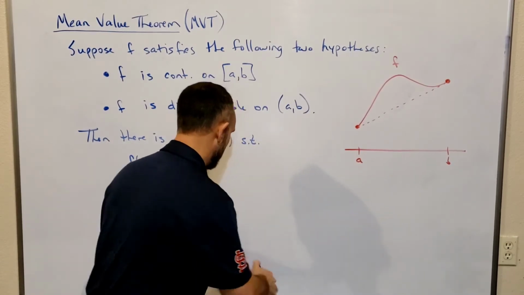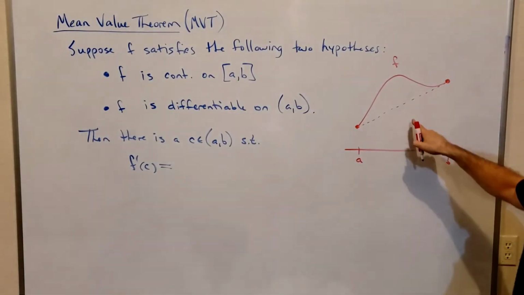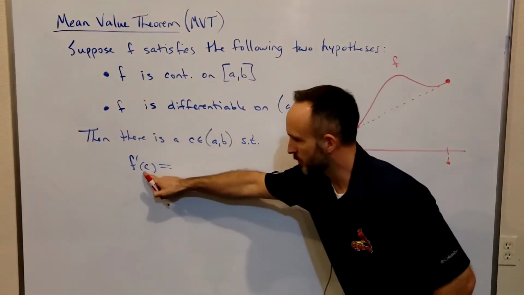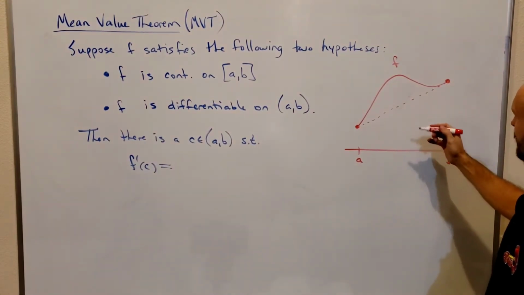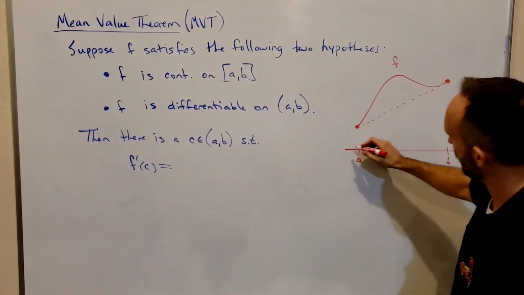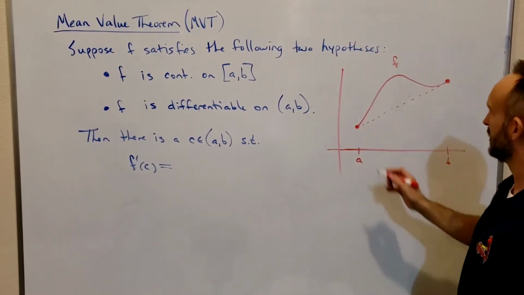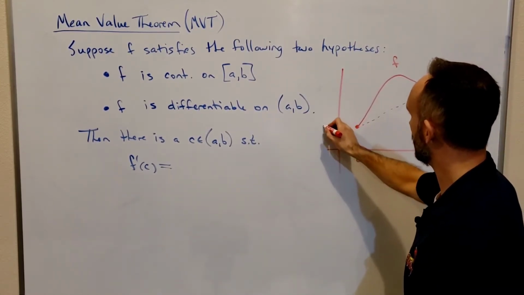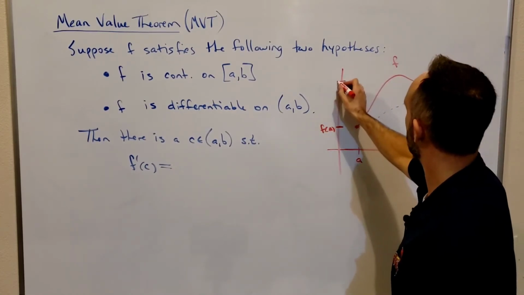So we need to figure out the slope of this secant line, and that's what the derivative will equal. The slope of this secant line is rise over run. If I make a y-axis, I could label this y value as f of a and this y value as f of b.